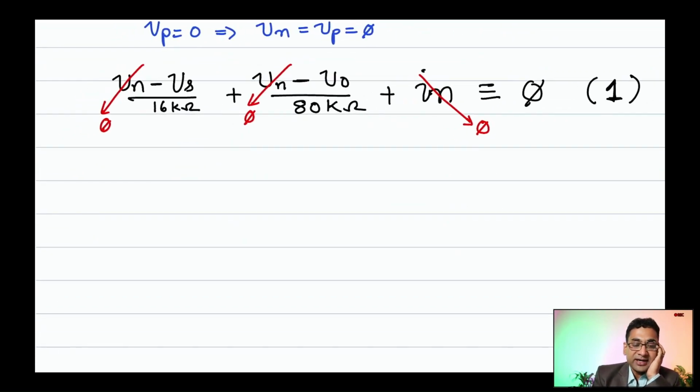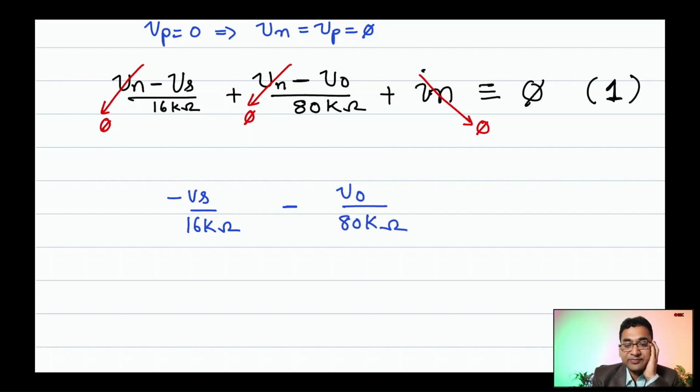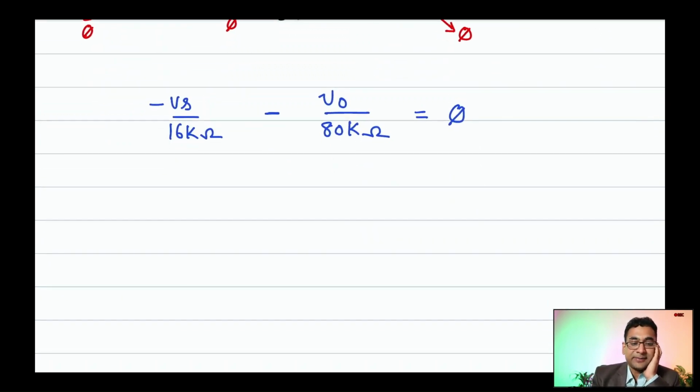Now 0 minus Vs over 16 kilo ohms minus V naught over 80 kilo ohms, and this turns out to be 0. So this equals 0. All right, now let's see. You can rearrange this equation because we are interested in finding VO.